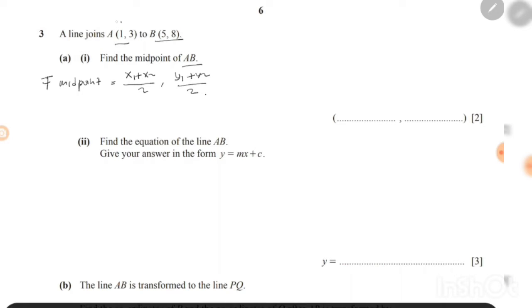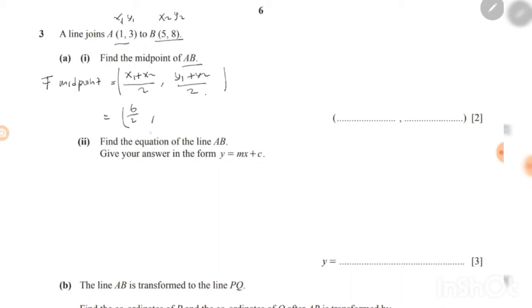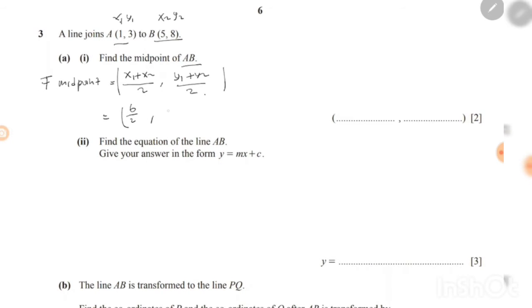So this is x1 and this is y1, this is x2, this is y2. You substitute here and you can find the coordinate of the midpoint, right? So x1 plus x2, 1 plus 5 is 6 divided by 2, and 8 plus 3, 11 divided by 2. So our coordinate here is (3, 11 over 2).